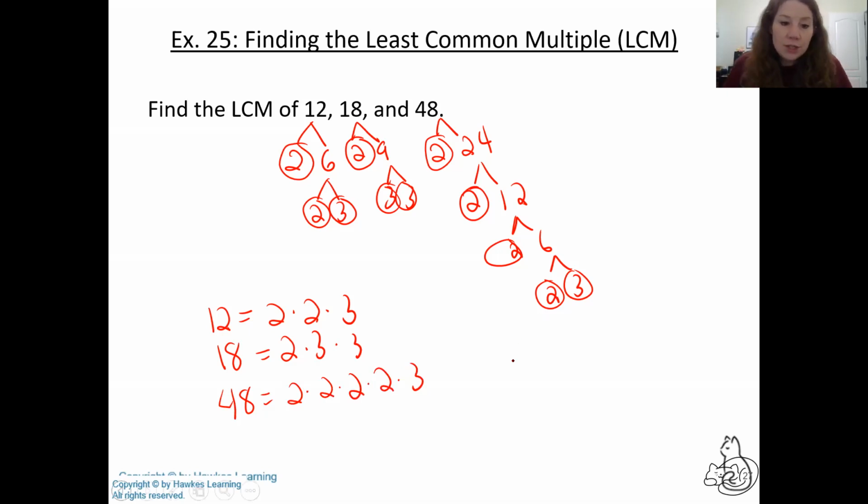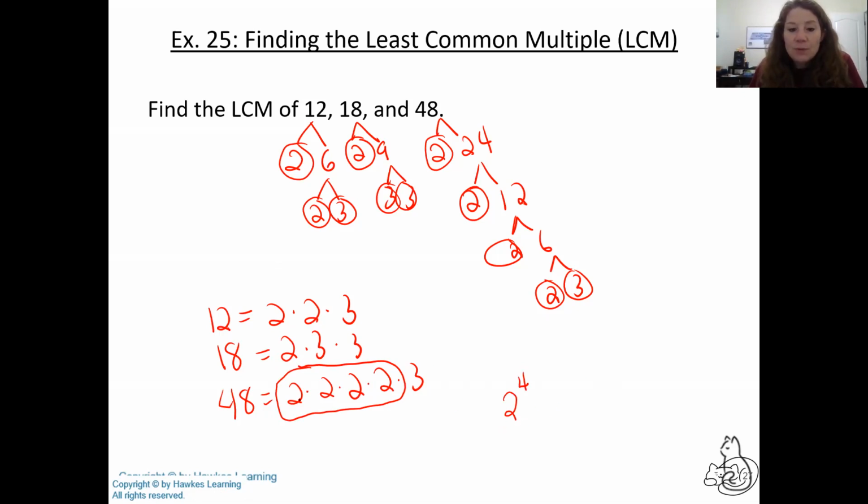All right, so what we're going to do is find each unique factor, and we want the greatest group of that number. So I see 2's in all 3 columns. My largest group of 2's is 4 2's. So I'm going to write 2 to the 4th, or I could write them out, it doesn't matter. But that represents all the 2's that I see.